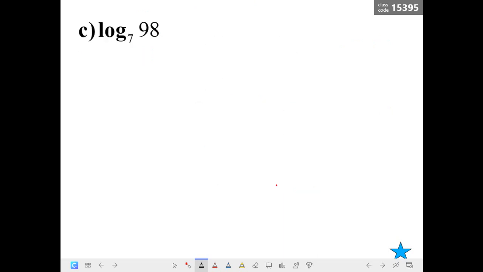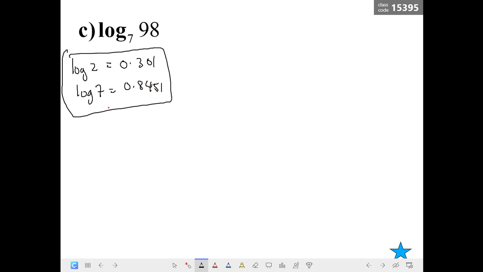Okay, C, given that log 2 is equal to 0.301, log 7 is equal to 0.8451. So 98 means base 7. You need to find something for 98.